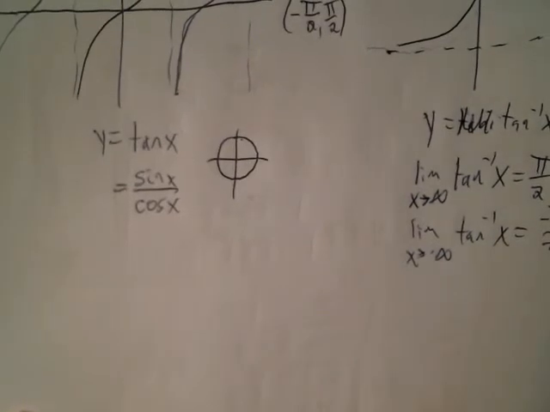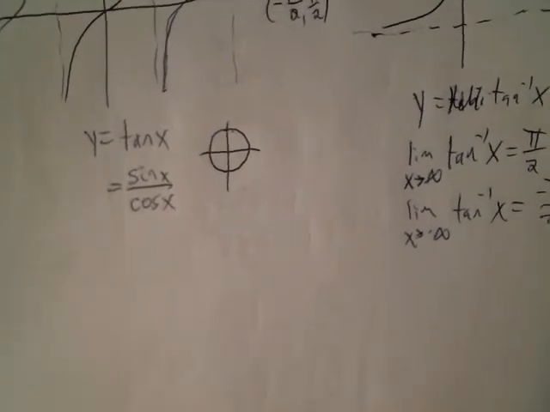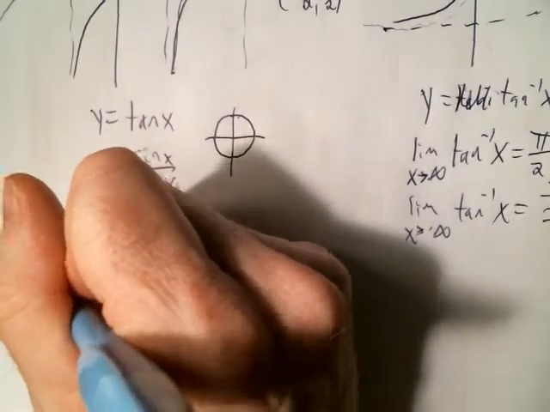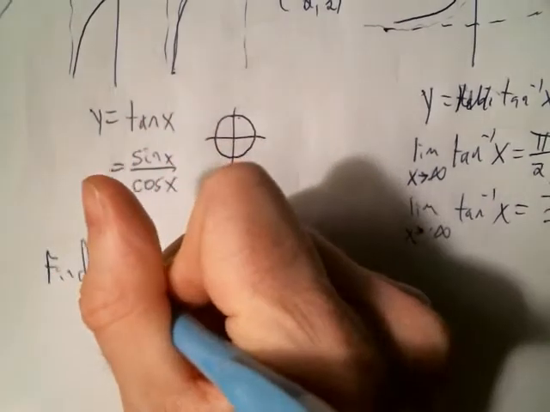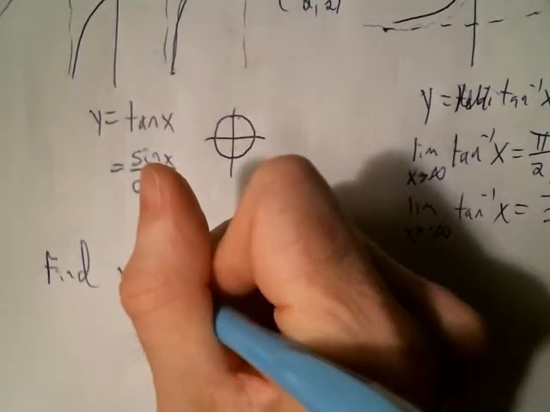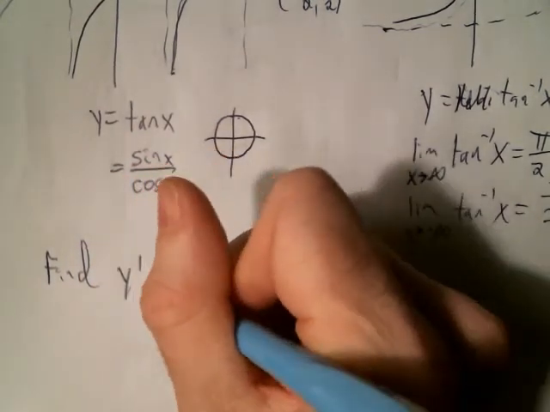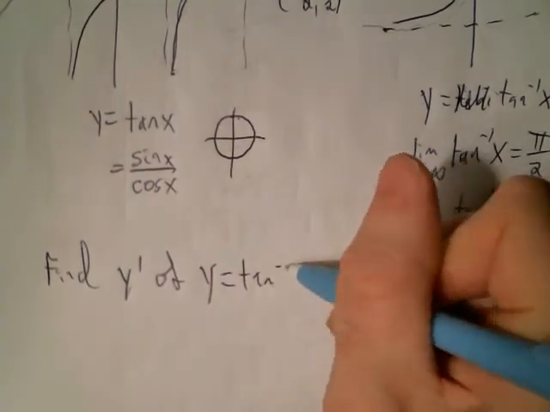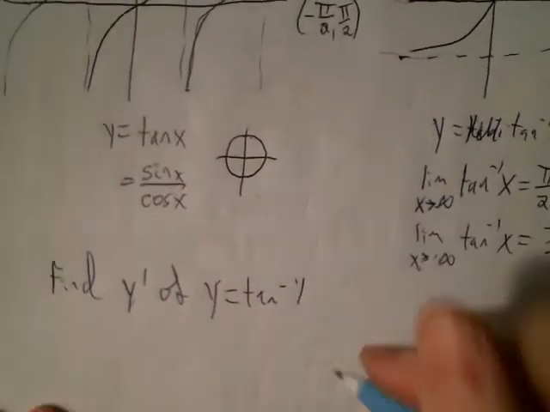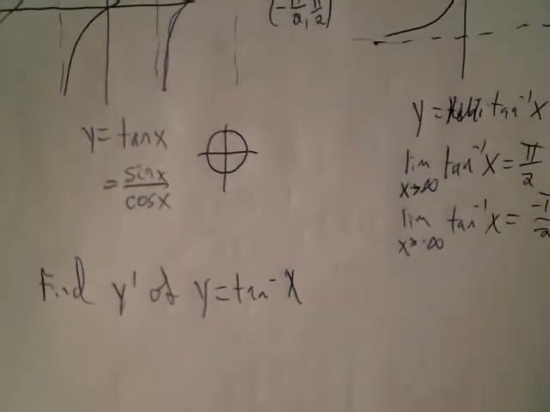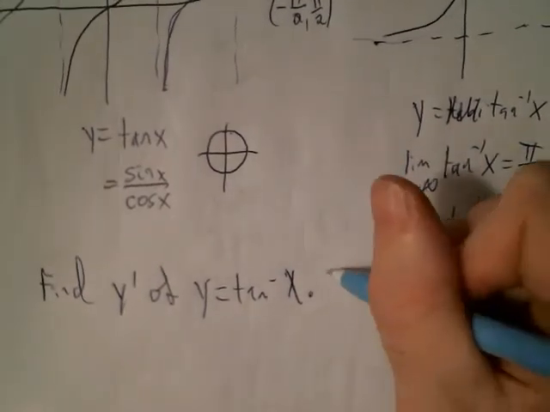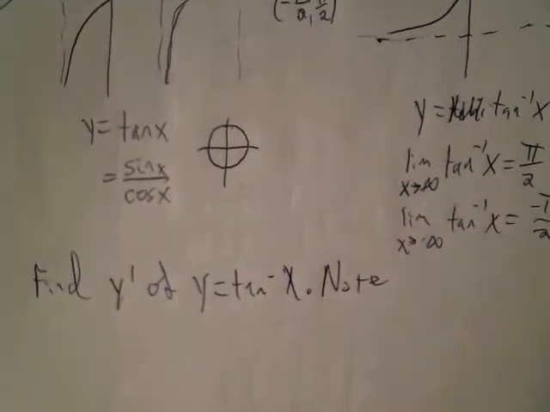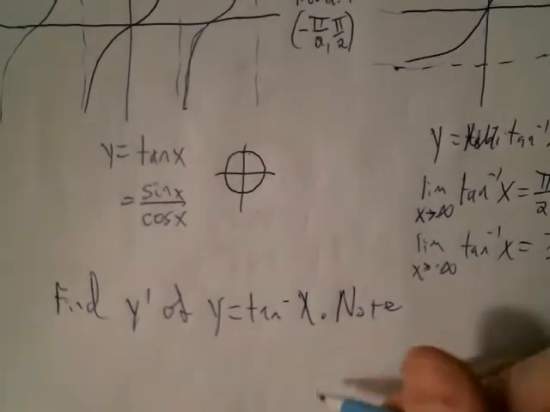Okay. So anyways, we need to figure out a formula for the derivative of tan inverse. And we could work with this new formula for the derivatives of inverse functions. So in particular, the book wants you to find the derivative of y equaling tan inverse of x. So first what we're going to do is note the following.